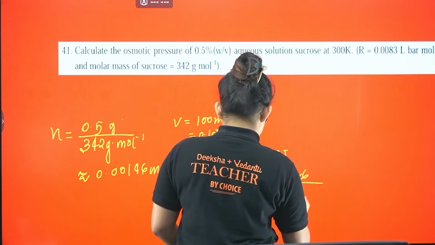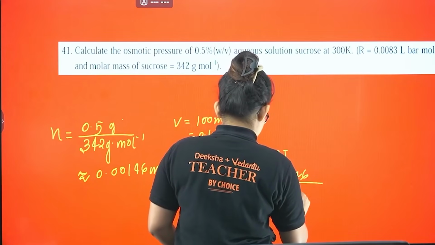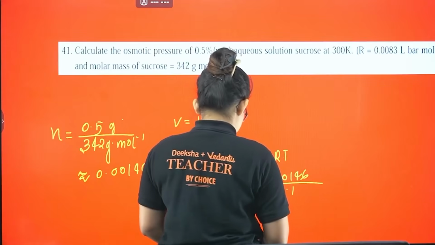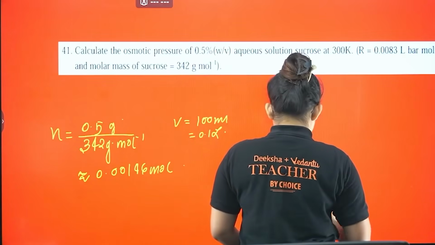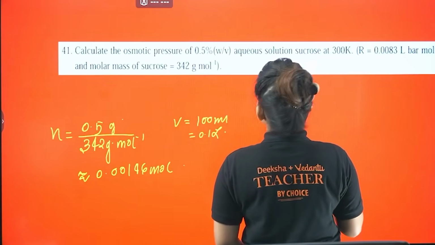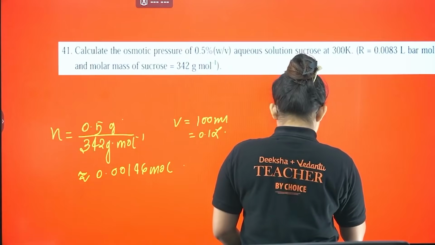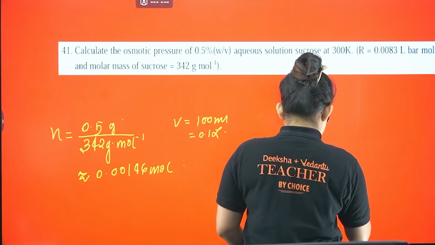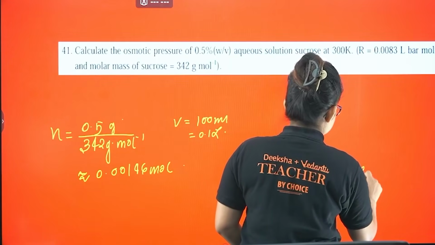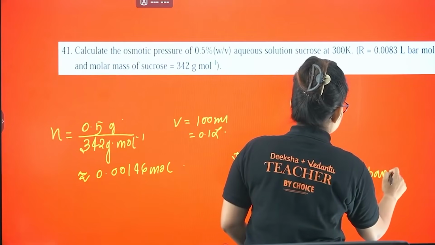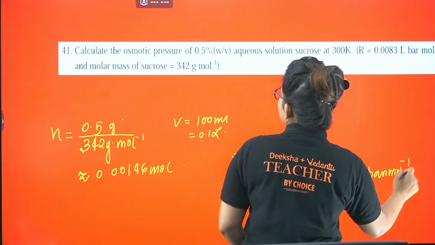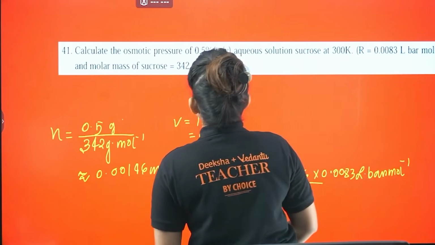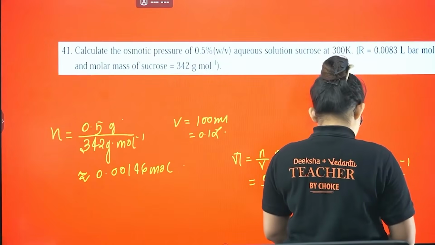0.00146 divided by 0.1 into R value is given here 0.0083 liter bar per mole per Kelvin, and temperature, that is 300 Kelvin, right?